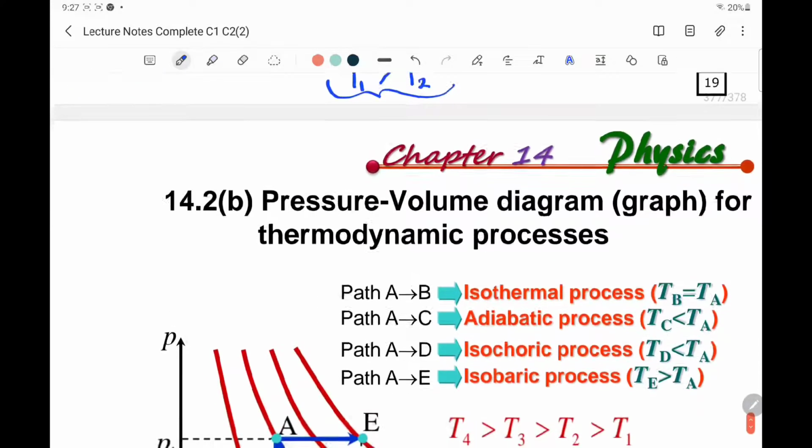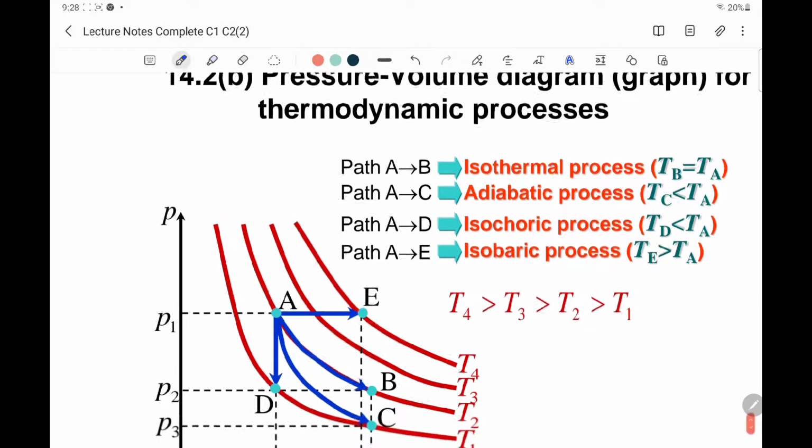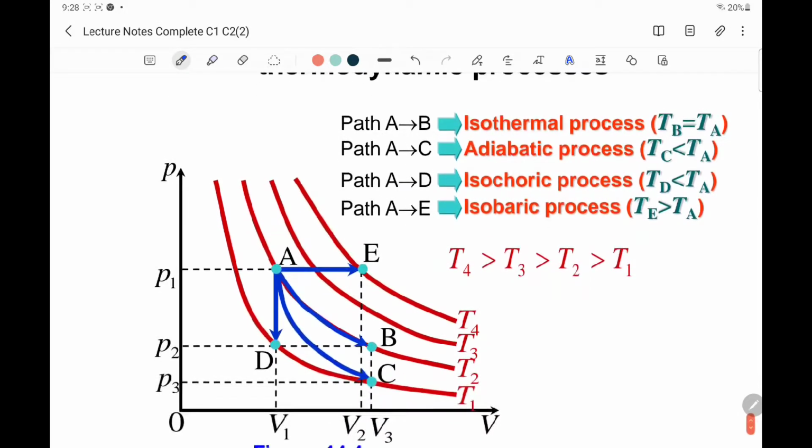14.2b This is the pressure-volume PV diagram for thermodynamic processes. There are 4 paths of the process. Path A to B is the isothermal process, in which temperature at B is equal to the temperature at A. Path A to C is the adiabatic process.